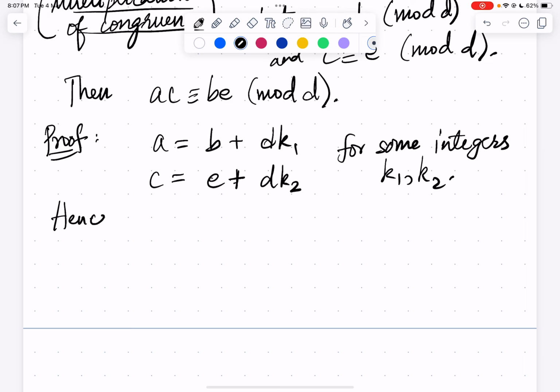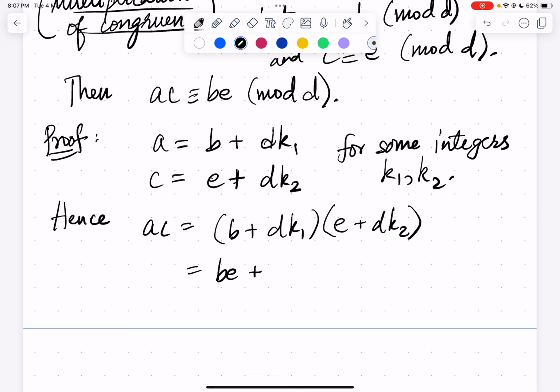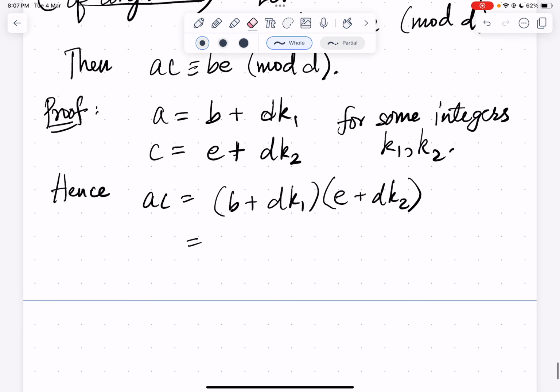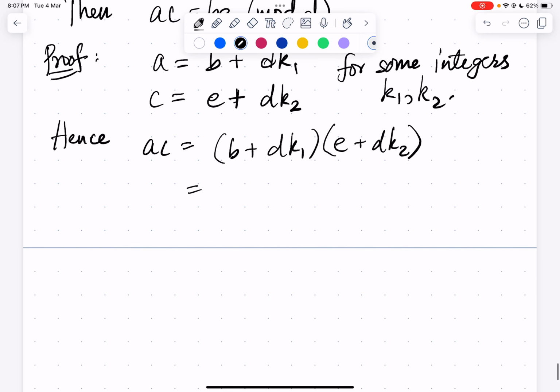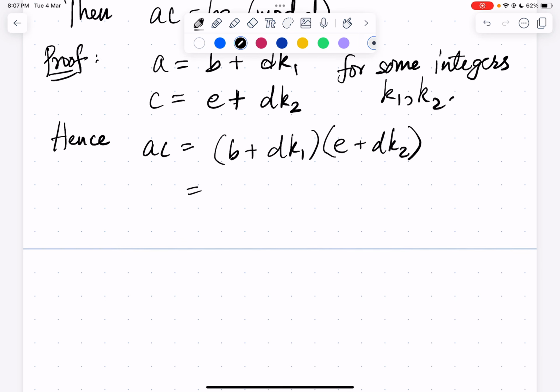Hence AC is B plus dk1 times E plus dk2, which is BE plus D times something. Since we are in the beginning stages, to emphasize the distributivity law, I'll write it again.